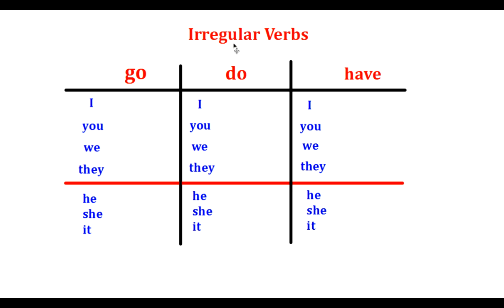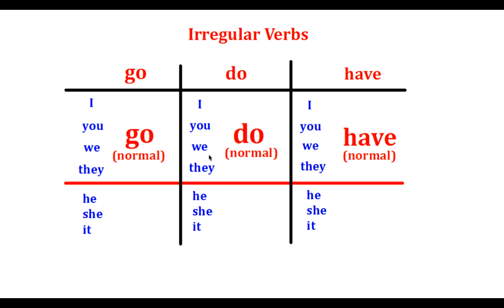Now, the irregular verbs for the simple present are go, do, and have. With the subjects I, you, we, and they, the verb is in the normal form: go, do, and have. But with the subjects he, she, and it, the third person conjugation is irregular.